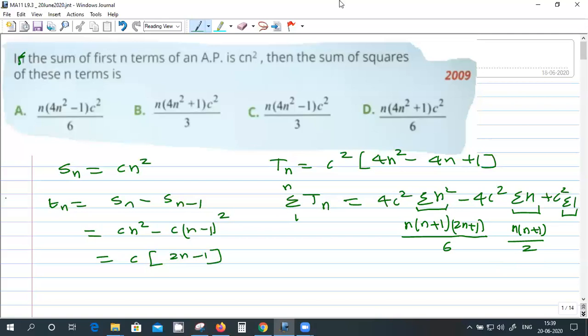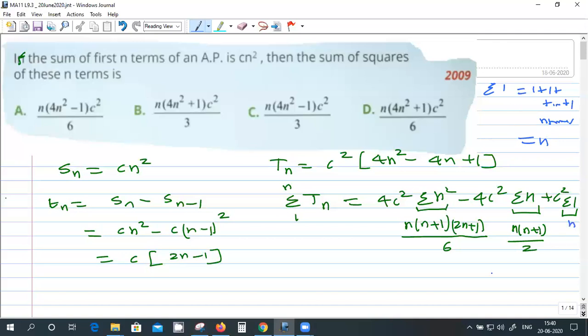Sigma 1 from 1 to n. See, sigma of 1 means 1 plus 1 plus 1, and so on up to 1, n times. That is the meaning of this, right? Whatever is inside the summation, you just have to repeat n times. So this is equal to n. Clear?